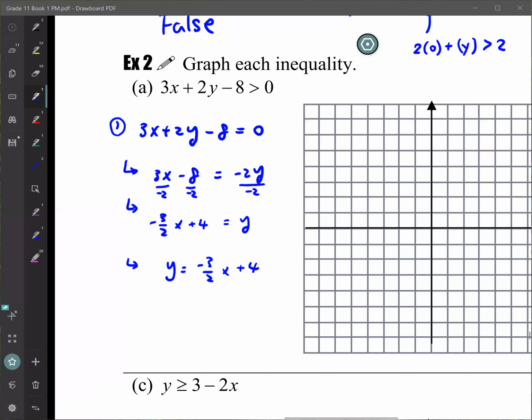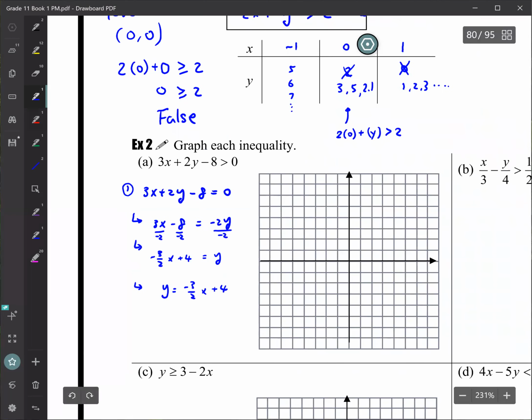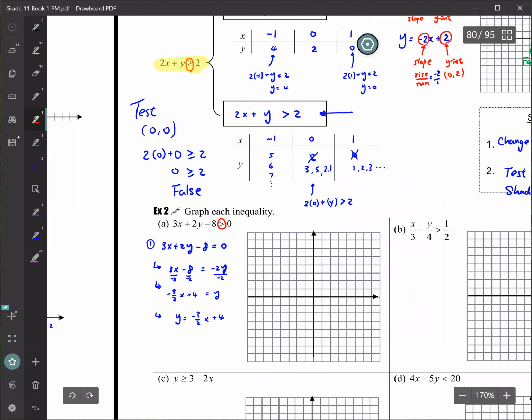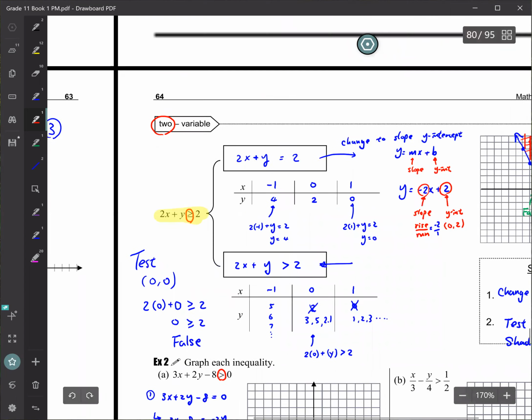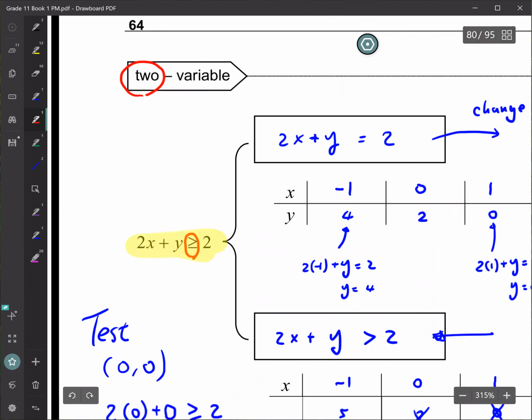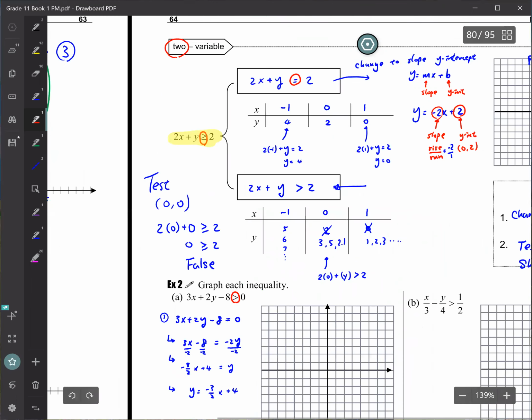Graph the point. Now because this equation, pay attention to the minor detail here. This one is greater than. It does not have an equal sign. Remember from the last example, we said if there's an equal, it means it's the straight line, so that it means that it's the boundary.